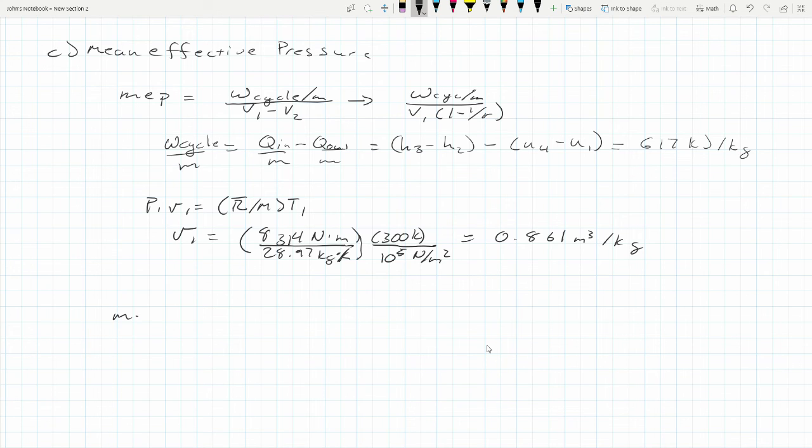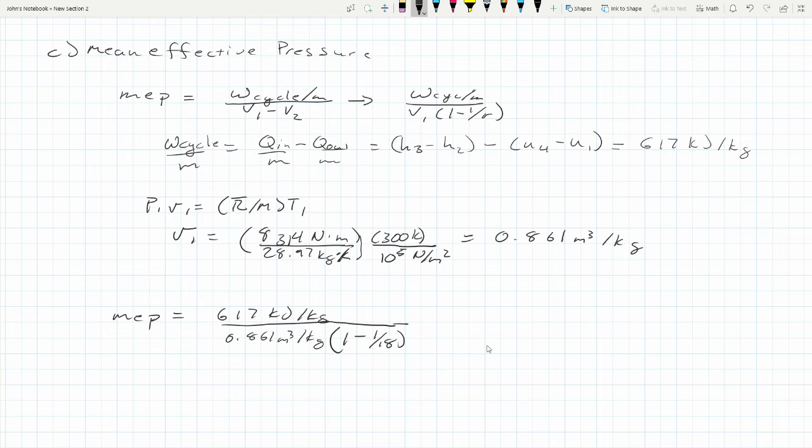Plug all those in. 617 kilojoules per kilogram over 0.861 meters cubed per kilogram. And wait, I missed a value. What did I miss? Oh, right. Times 1 minus 1 over 18. That would have been bad.